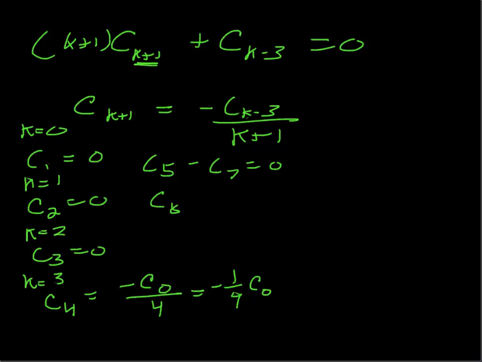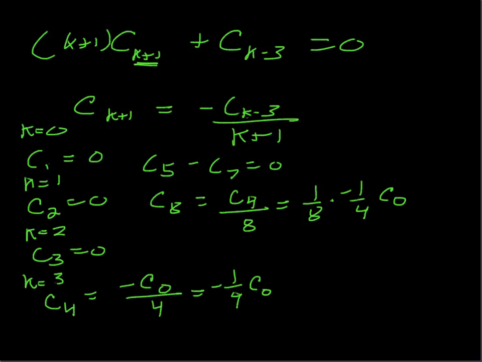Okay, and so that leads us to C8, which is going to be k equals 7, by the way. So that's going to equal C4, which is non-zero, divided by 7 plus 1, which is 8. But of course, this is negative 1/8 times C4, which is negative 1/4 C0.